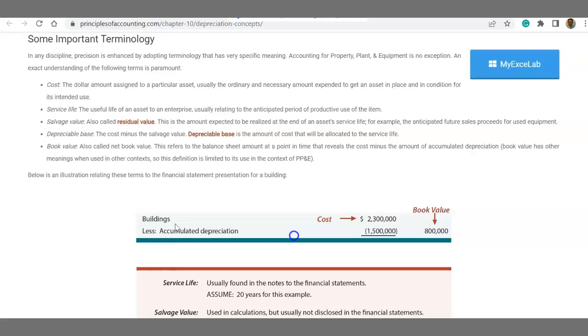You buy a basket of building and land combined. However, you have to separate that total cost into 2 T accounts, a little bit in the land and a little bit in the building. Land never depreciates. However, the building will depreciate.